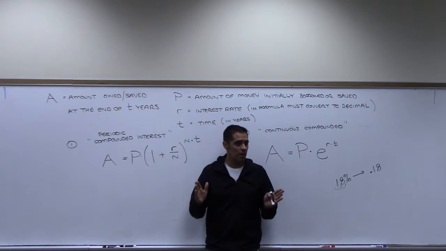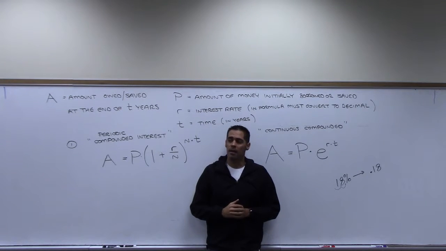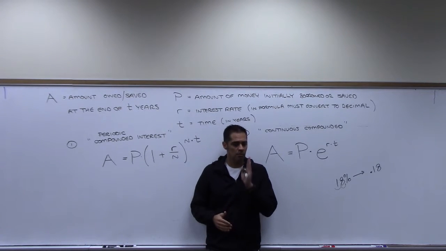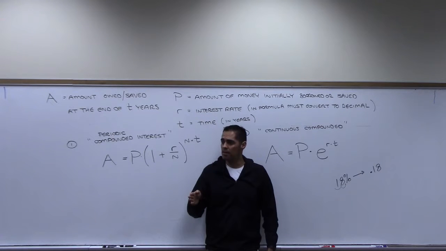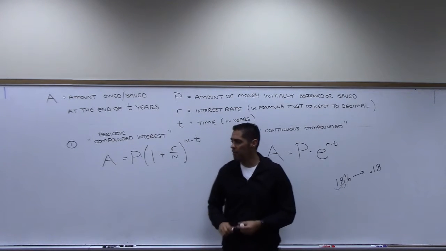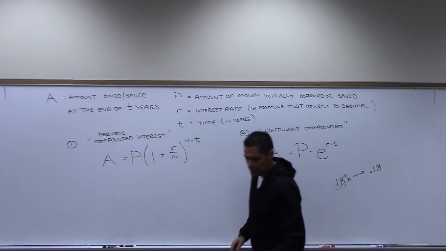Okay? Now, let me give you a different scenario. You borrow $100, and it's still 10%. But you're going to make 2 payments. One at 6 months, and one at the end of the year. Make sense? So what they're going to do is on your first payment, let's try and visualize this.